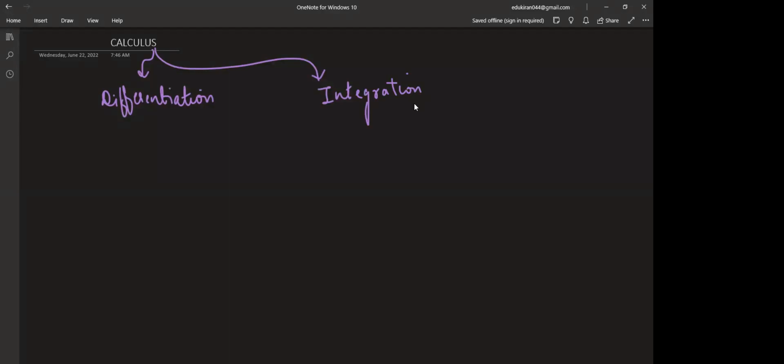Some topics, some questions, and some physical quantities present from your class 11th onwards are not limited to just your algebra. Means all the operations, plus, minus, division, multiplication, all these four will not be applicable. You will need a new system to solve your answer. You will not be adding, multiplying, dividing, or subtracting.